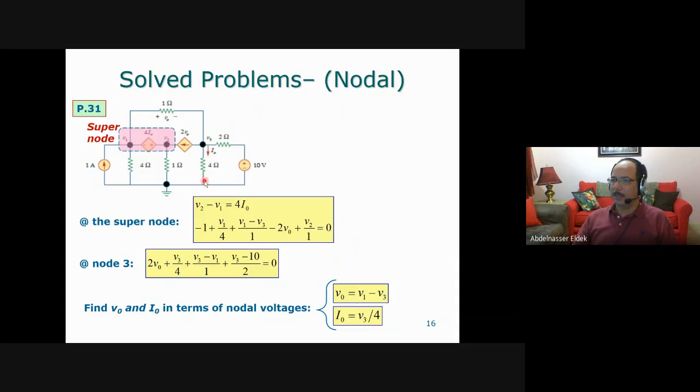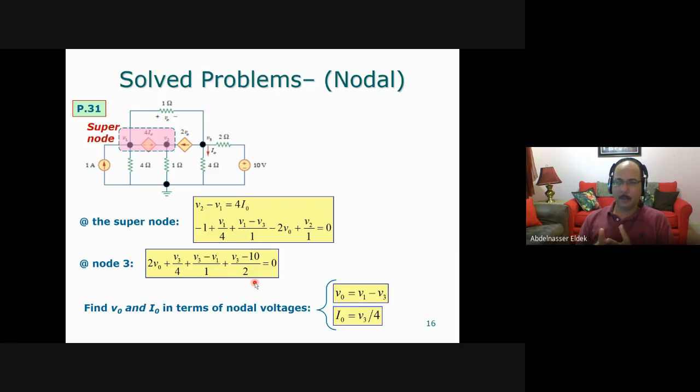This one here is V3 minus 0 over 4. And the last one is V3 minus this voltage. What's the voltage here? It is 10 volt. So it is V3 minus 10 volt over 2. So now you have 3 equations: 2 at the supernode, V1 and V2, and 1 at V3.